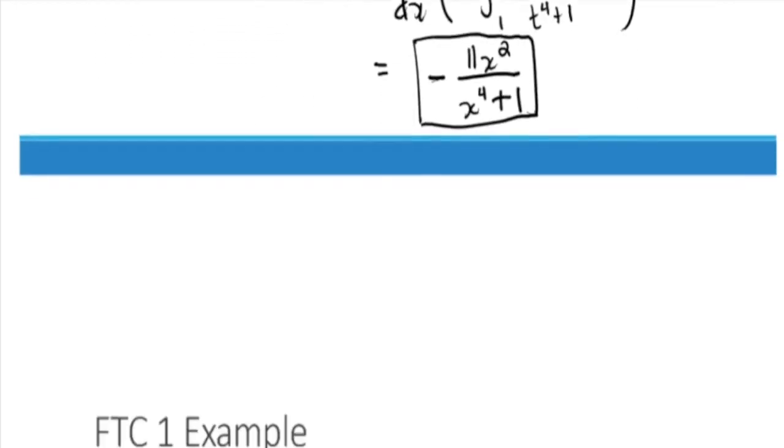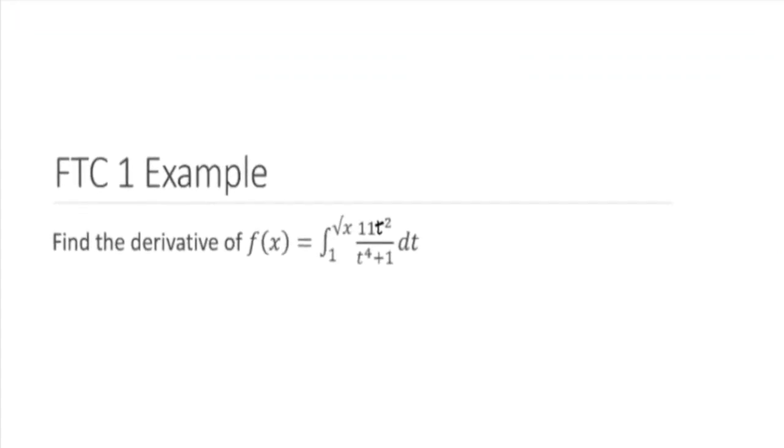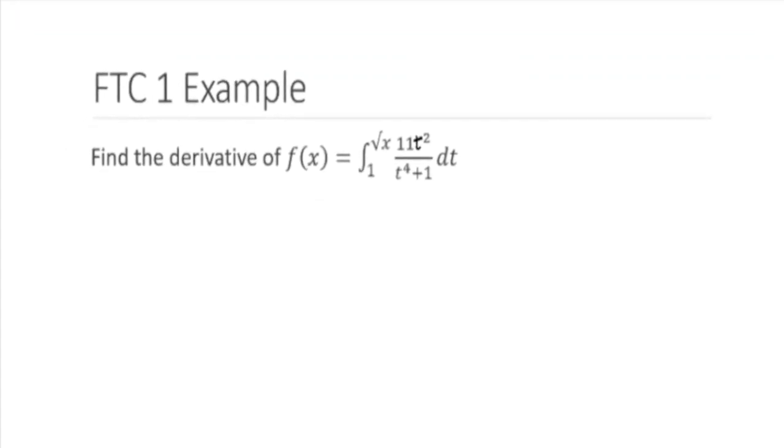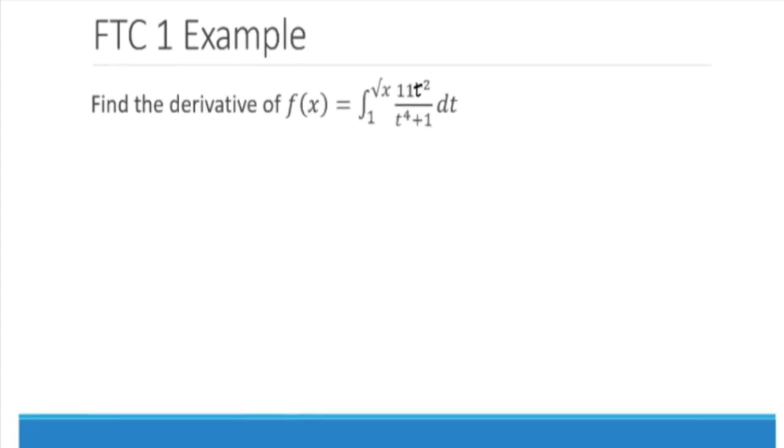Alright, so sana wala pang questions at this point. Or if there are, you can pause the video and replay this example. Okay, let's proceed to a more complicated one. So, medyo nag-evolve na yung examples natin. In this case, we want to find the derivative of f of x equal to the integral from 1 to square root of x of 11t squared over t to the 4th plus 1 dt.